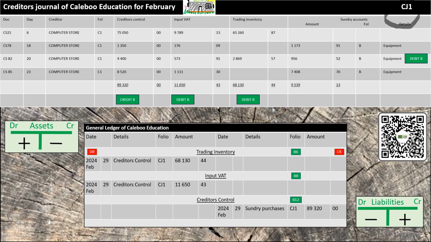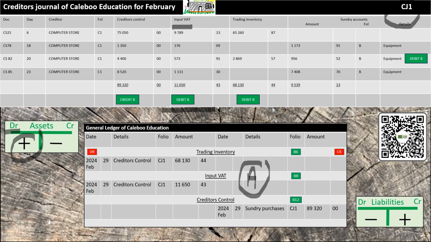Now we know that input VAT is an asset because we can claim back the VAT on standard rated items. Check out my VAT videos. So input VAT is an asset. Because of these purchases, the input VAT has increased. An increase in assets must go on the debit side.